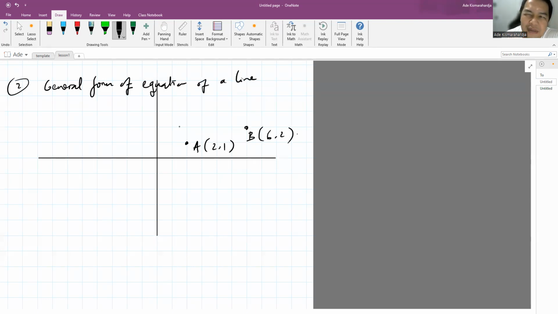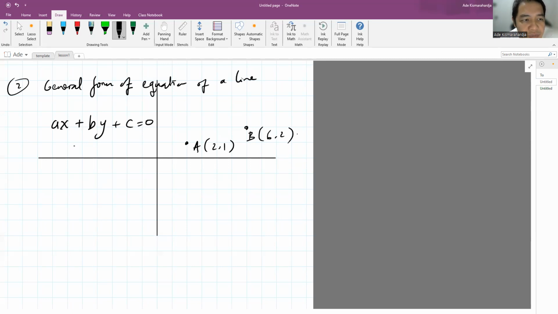When you talk about the general equation of a straight line, yes, you can have the famous y equals mx plus c, but that's not the only equation. We can also have another general form: a times x, plus b times y, plus c equal to 0.